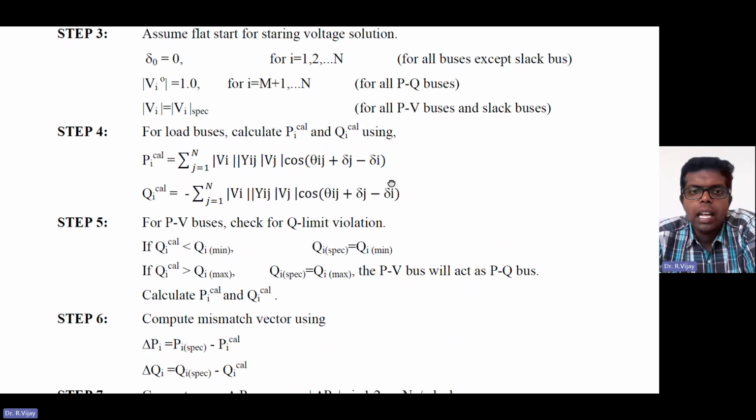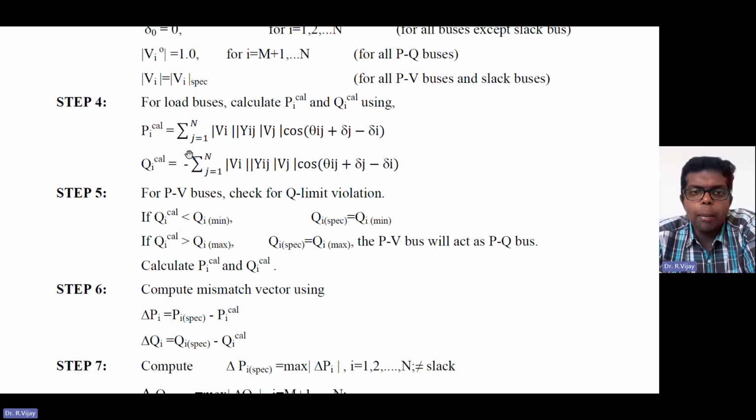What is the formula for P calculated? P_i calculated is the summation over j equal to 1 to n of |V_i| |Y_ij| |V_j| cos(theta_ij plus delta_j minus delta_i). Next, Q_i calculated is equal to minus the summation over j equal to 1 to n of |V_i| |Y_ij| |V_j| sin(theta_ij plus delta_j minus delta_i). This we have already seen in our Newton-Raphson method, the same formula.